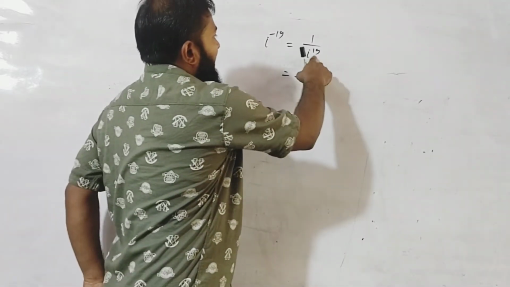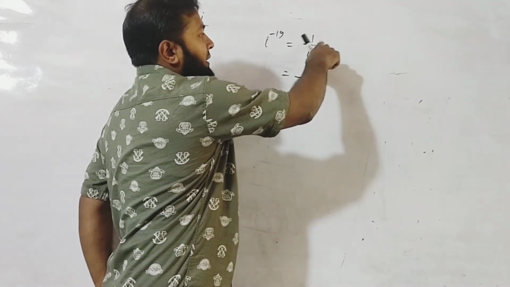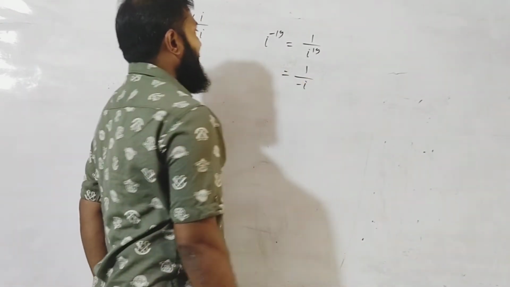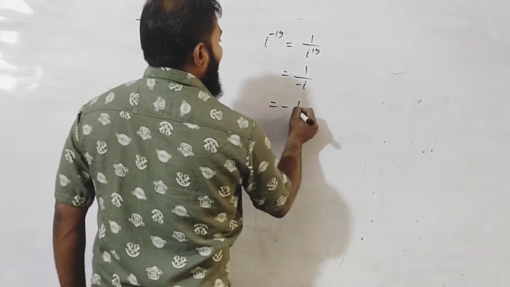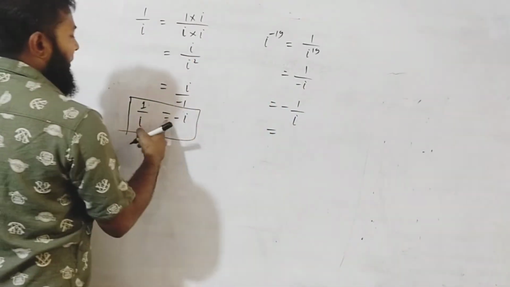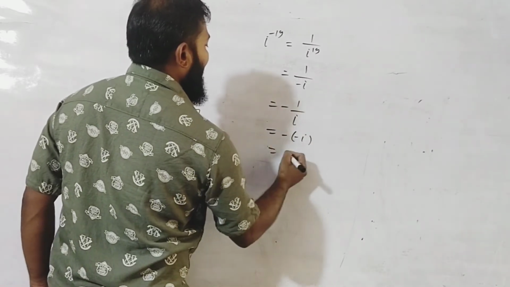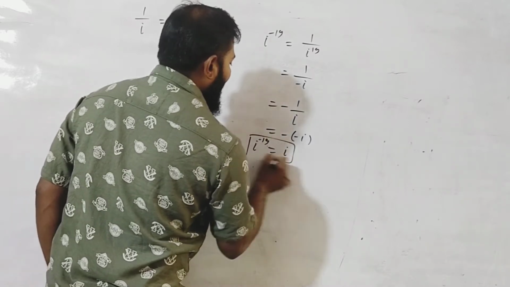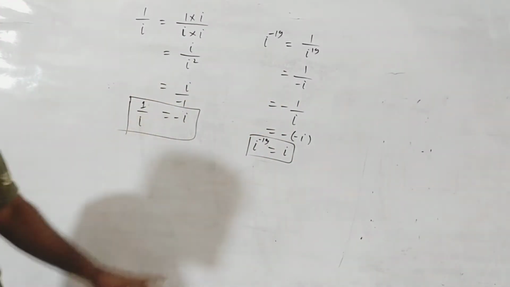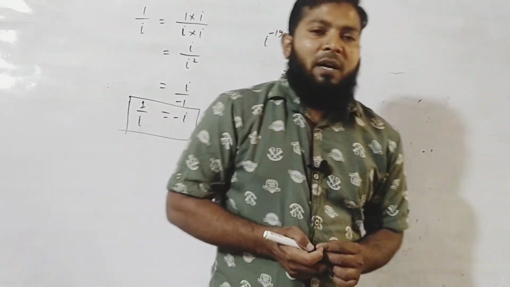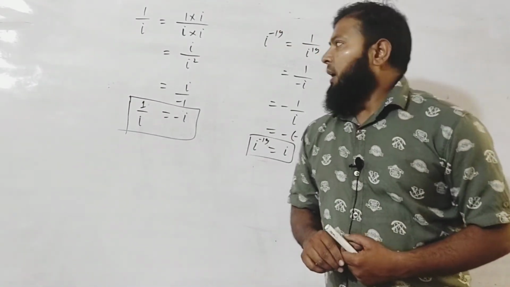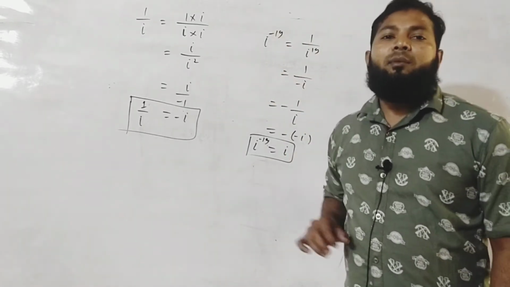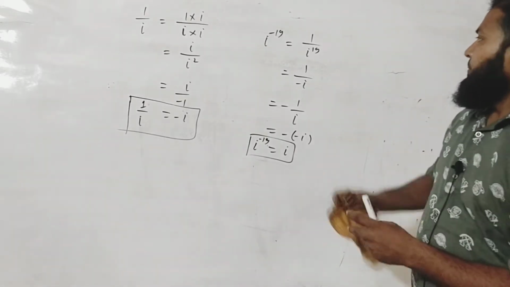If we divide this power by 4 and the remainder is 3, then this value becomes -i. So we have -1 upon i, and -1 upon i is also replaced by -i, then minus of -i becomes plus, so i raised to the power -19 is simplified to i. It means any power of i can be simplified into the 4 values i, -i, 1 and -1.